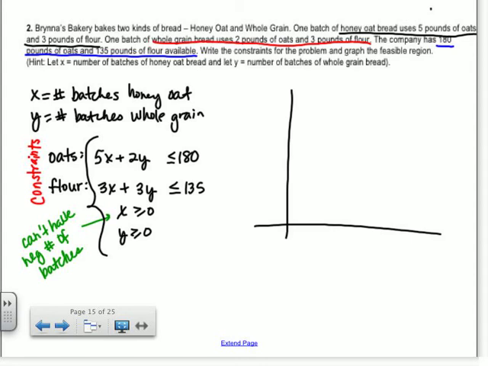So the x-intercept, if you plug in 0 for y, you get an x-intercept of 180 divided by 5. So it's (36, 0). And a y-intercept of, if you plug in 0 for x, you get y is 90, so (0, 90). So let's go by tens. All right, so I'm going to have (0, 90), and then (36, 0).